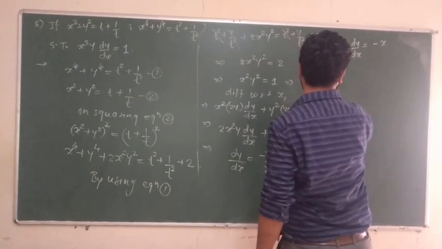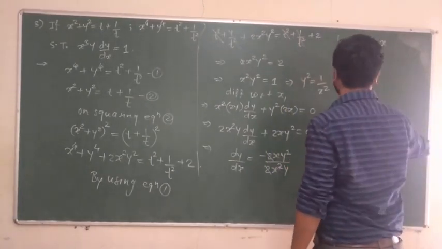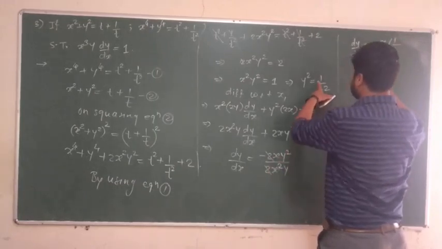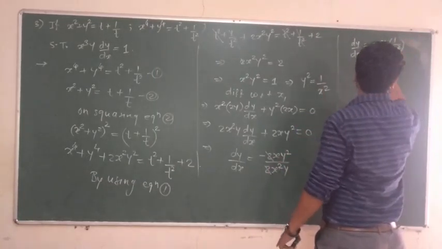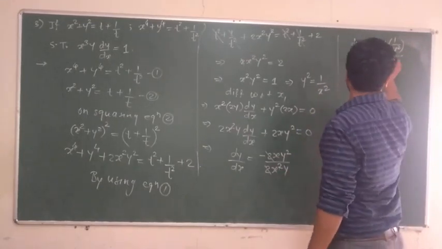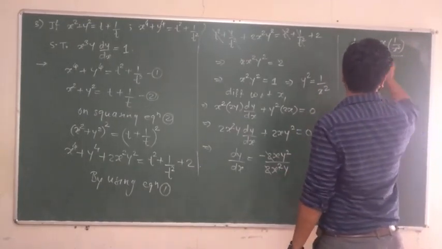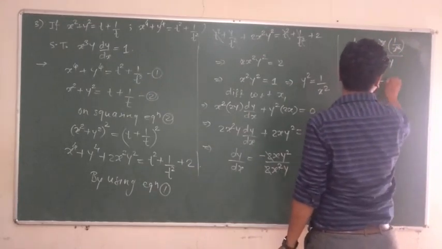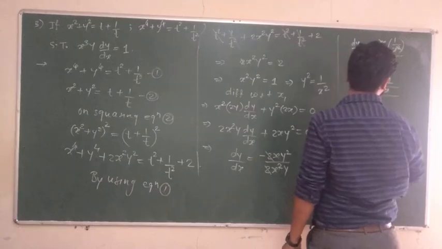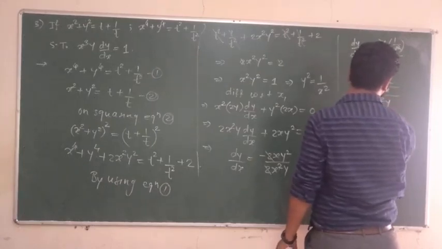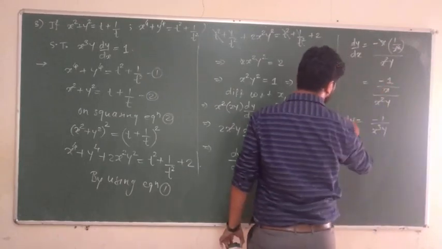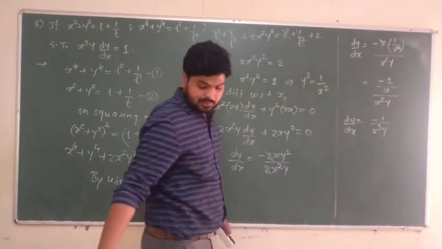We use the value of y square here because in the numerator there is the term y square. So minus x, in bracket the value of y square is 1 upon x square, upon x square y. So here this x gets cancelled, minus 1 upon this x upon x square y. So it is equal to minus 1 upon x cube y. This is your dy by dx.